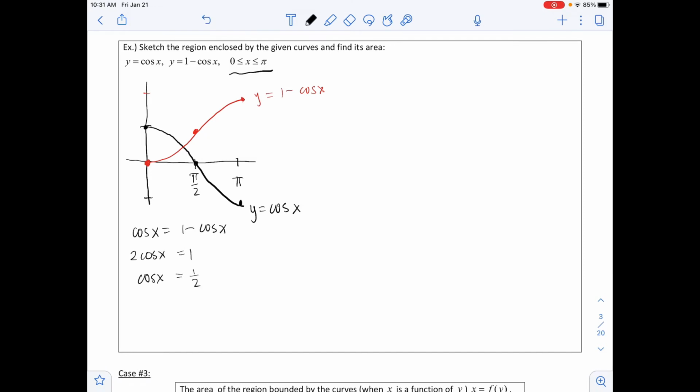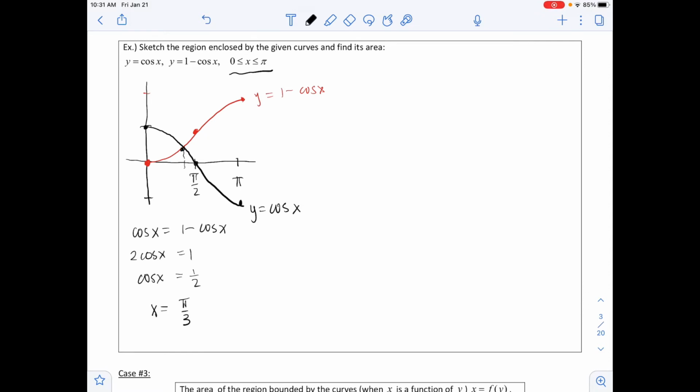Again, remember we are in between the values of 0 and pi, so we're only going to be dealing with those first two quadrants when you think about the unit circle. And so thinking about where cosine of x would equal 1/2, we get a value of x equals pi over 3, which makes sense thinking about our graph up here.